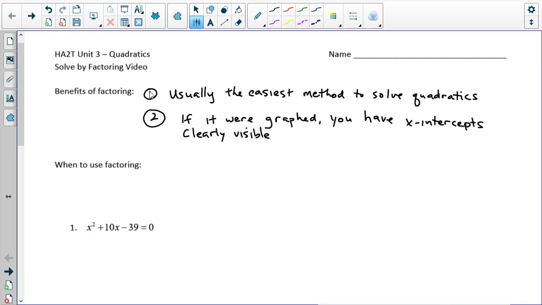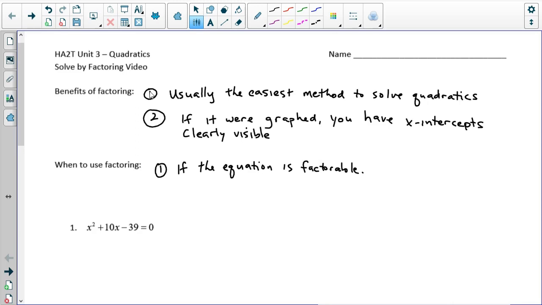When to use factoring? If the equation is factorable. That's usually when you want to factor an equation. I know that sounds pretty obvious, but if it's not factorable, then you have to go to one of two other methods.